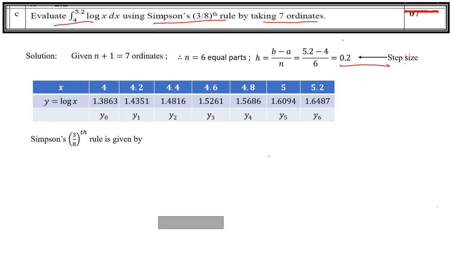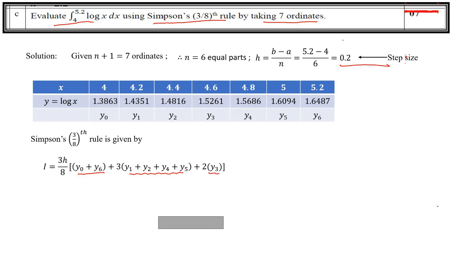Simpson's 3/8 rule is given by the formula I equal to 3h by 8 times y naught plus y6, the end ordinates, plus 3 times the non-multiples of 3, that is y1 plus y2 plus y4 plus y5, plus 2 times the multiples of 3, that is y3.